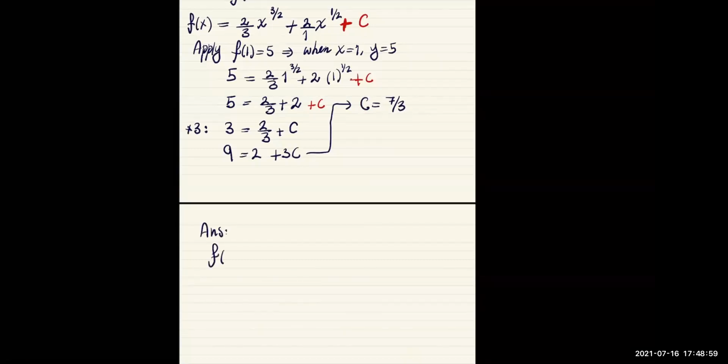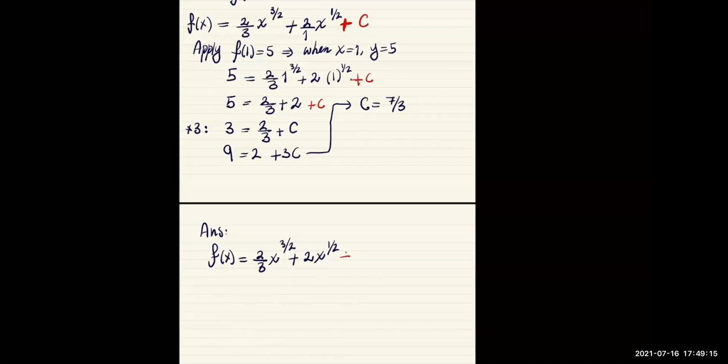F of x, our function, is equal to 2/3 x to the power of 3/2 plus 2x to the half plus C, and C is 7/3. That's the solution.